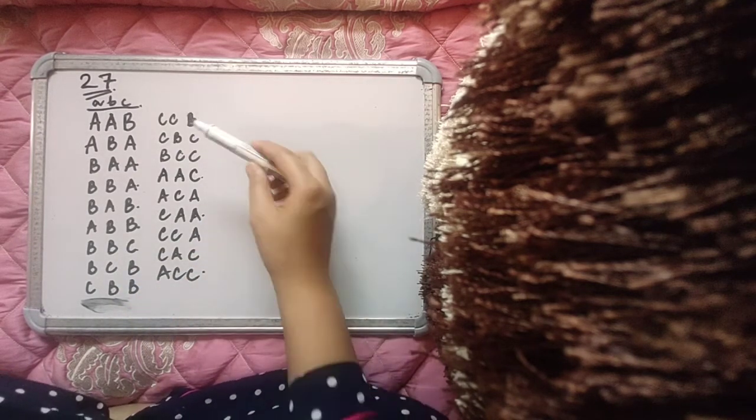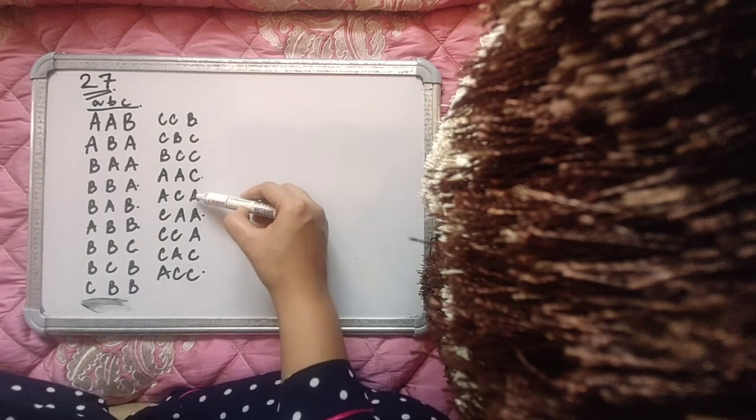If we just add up all the states, it's 1, 2, 3, 4, 5, 6, 7, 8, 9.